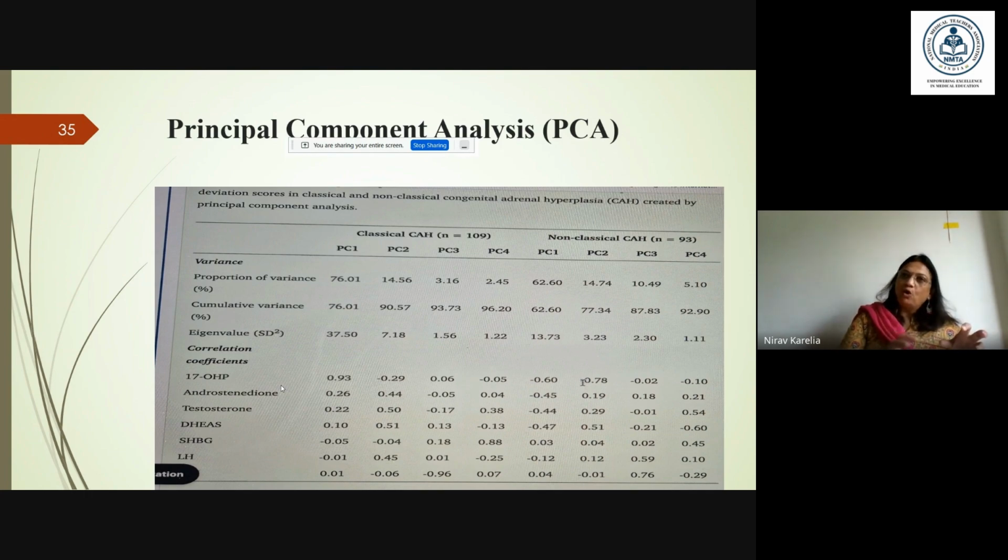So whether these hormonal assay values differentiate between the classical cases of congenital adrenal hyperplasia and non-classical.